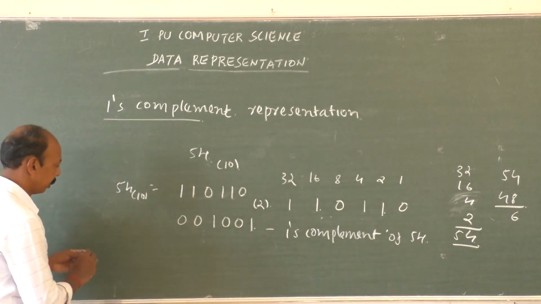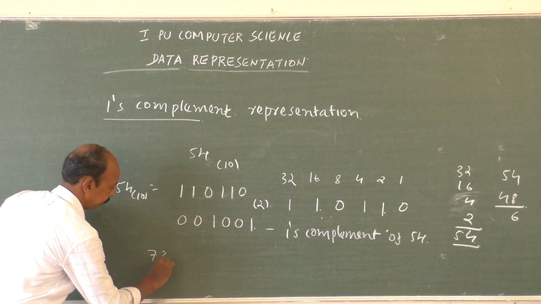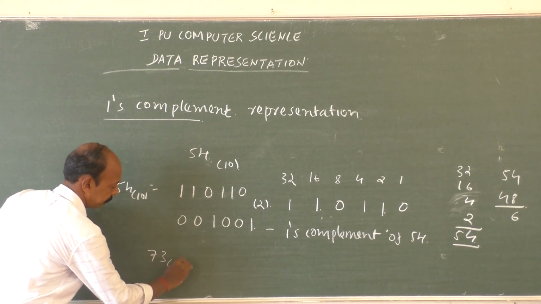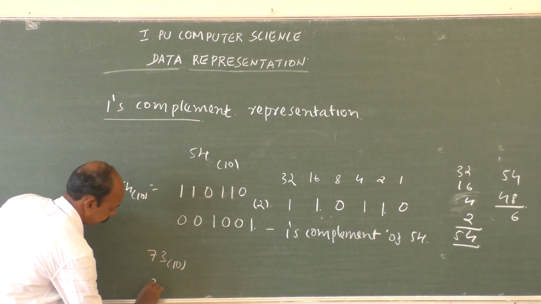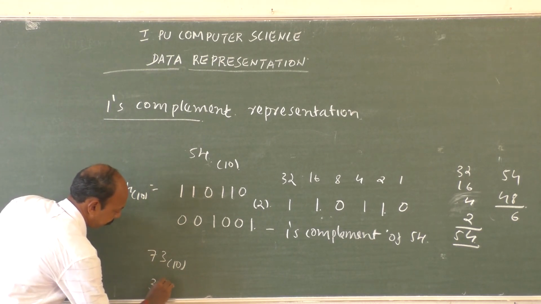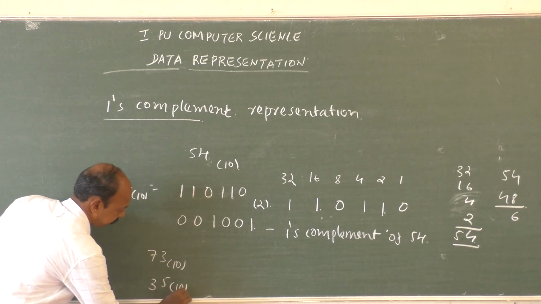Try some numbers like 73 to the base 10. Find the 1's complement of this. 35 to the base 10.